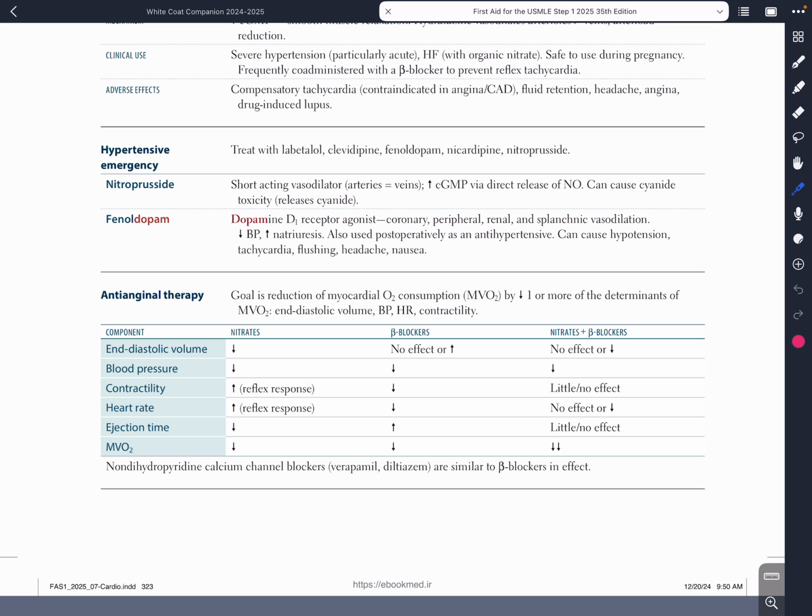Nitroprusside is a short-acting vasodilator. It acts on arteries and veins. Nitroprusside increases cGMP via direct release of nitric oxide.